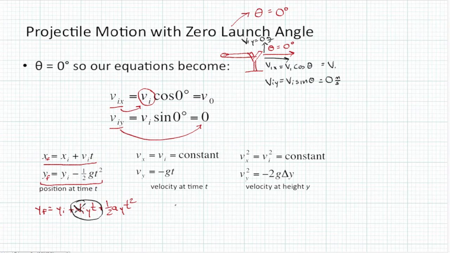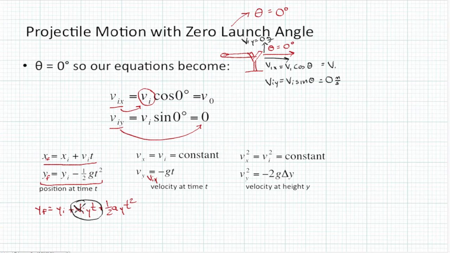Over here, our second equation, our velocity in the x direction is going to be constant. Again, we're ignoring friction, but it's not going to change in the x direction. Our velocity in the y direction we would say is v initial y plus negative g t, or plus a t.